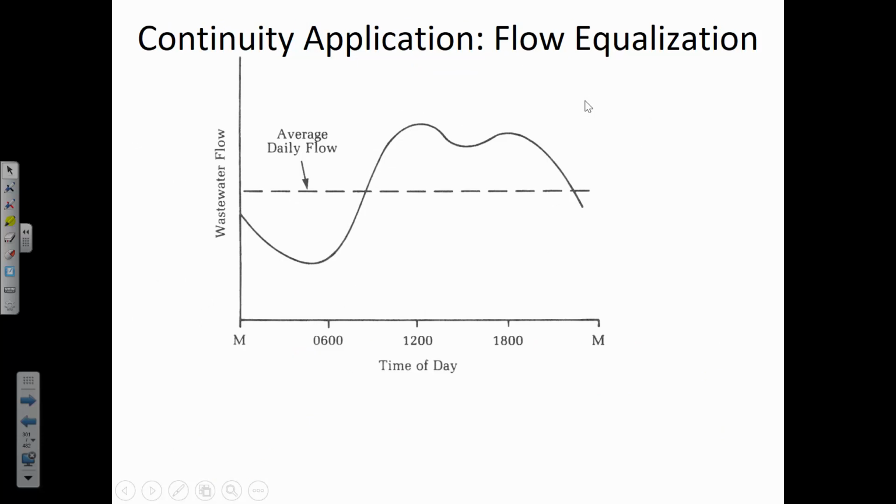And so because of this problem of big variations in the daily flow of water going to a treatment plant, what we really want is to dampen down those variations. We'd rather have it so that the bacteria are receiving a constant load, not only in the volume that's flowing through the treatment plant, but also less variation in the strength of the wastewater.